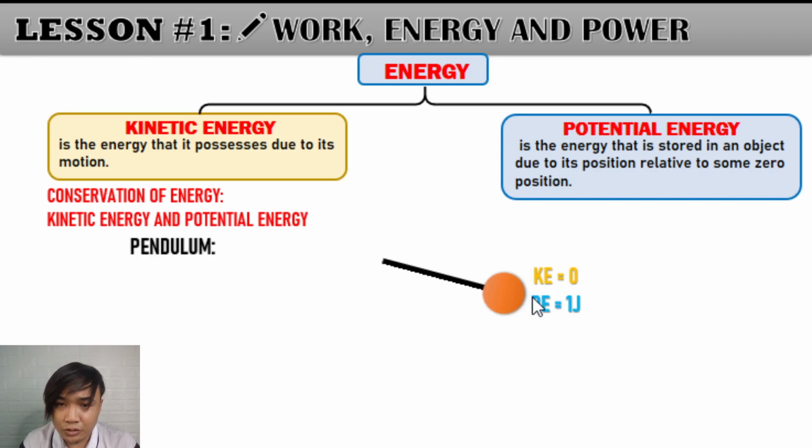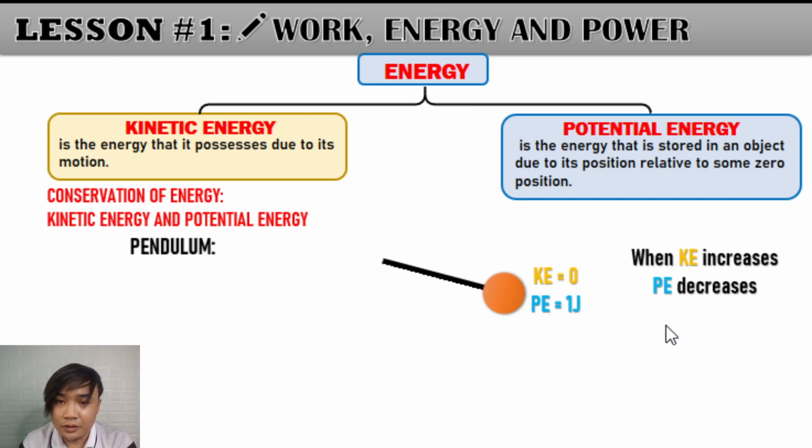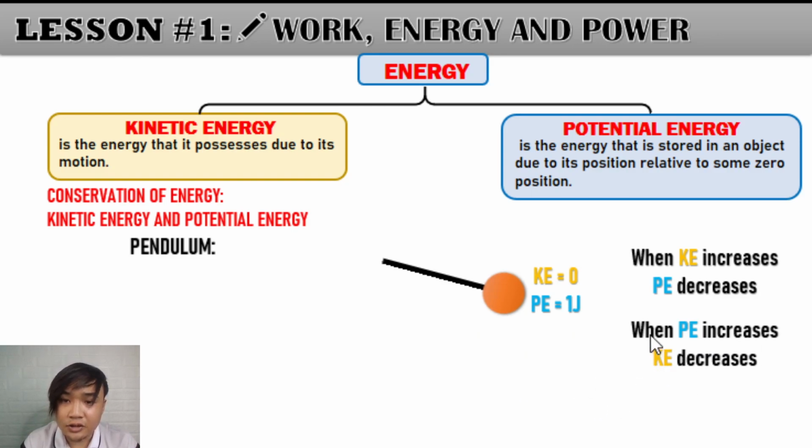So, yung mababalik sa kanya is yung gravitational potential energy. Kung mapansin nyo, when KE increases, PE decreases. So, when PE increases, KE decreases. Ayan.